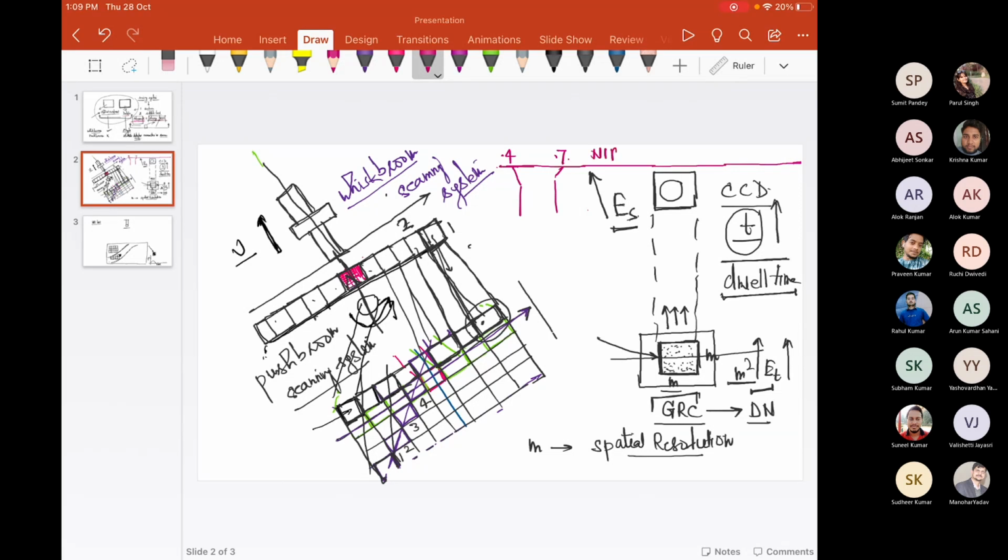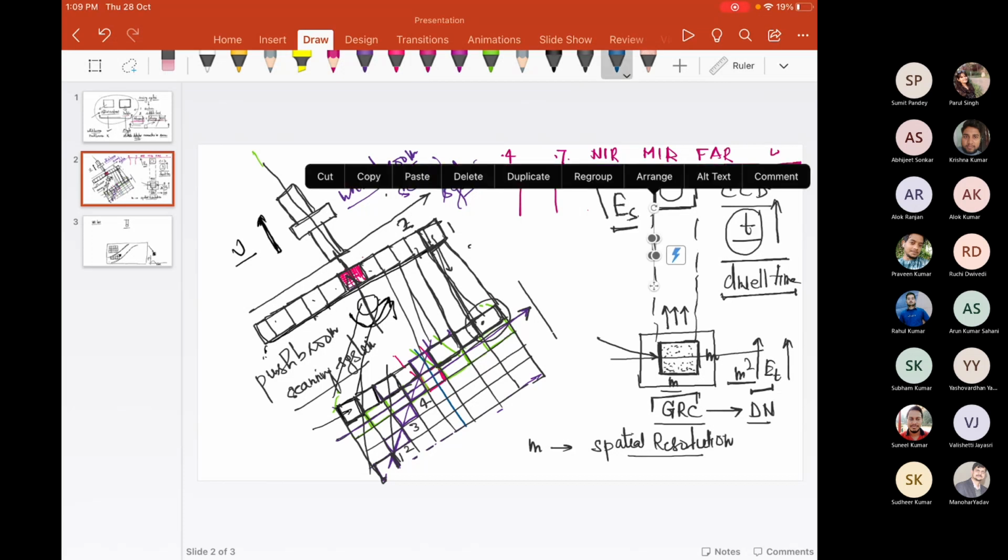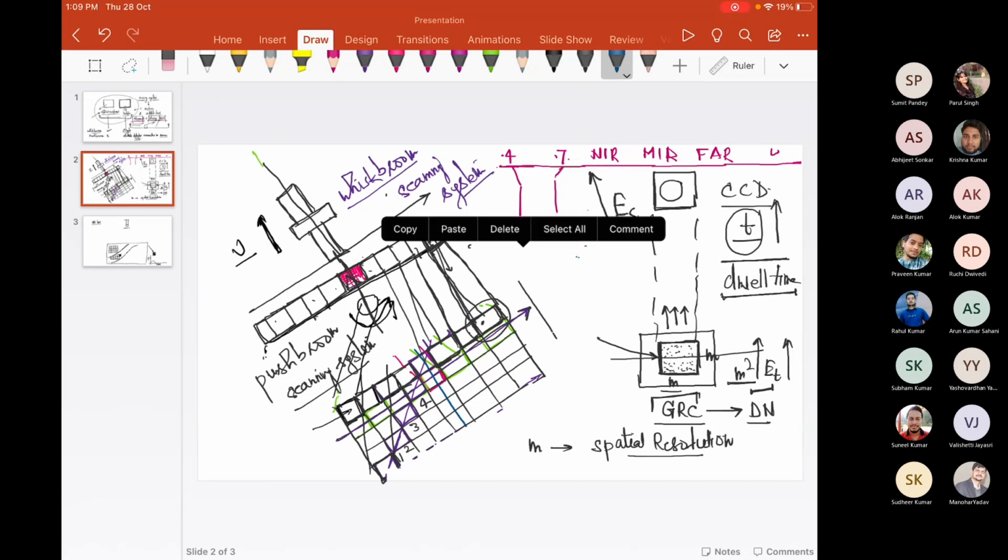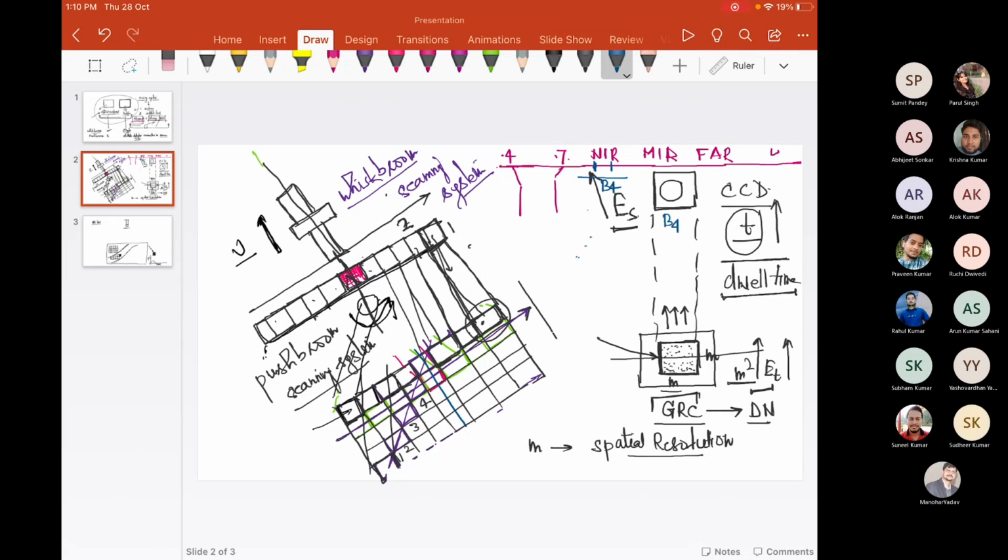Then we have NIR, then MIR, mid-infrared, far infrared, microwave, etc. Let's say this CCD is sensitive somewhere here, in an IR band. So this is the spectral band, let's say B4. This CCD corresponds to spectral band B4.